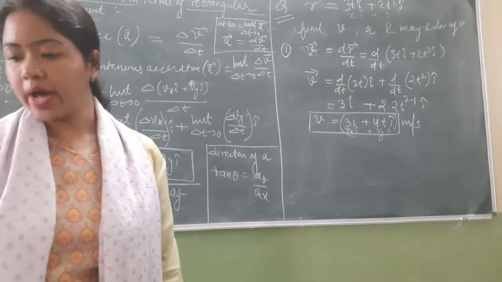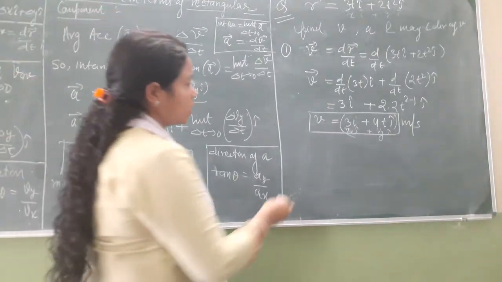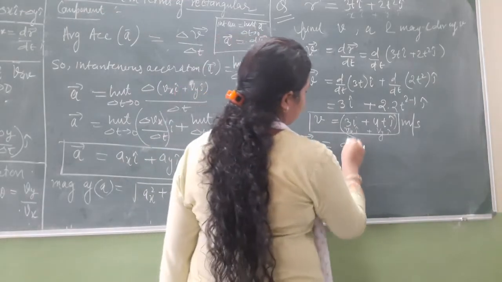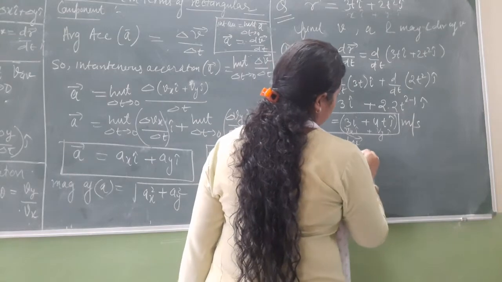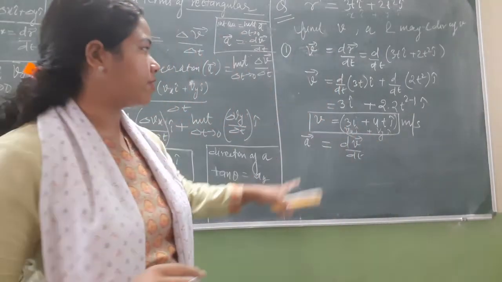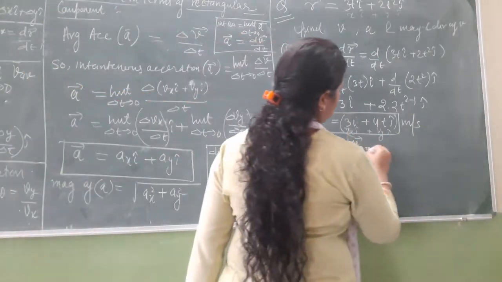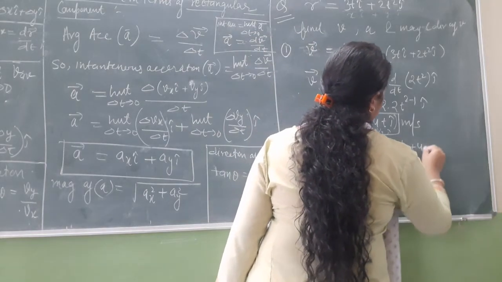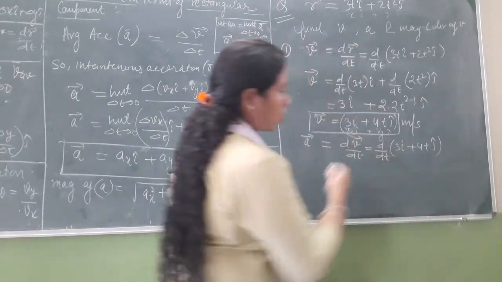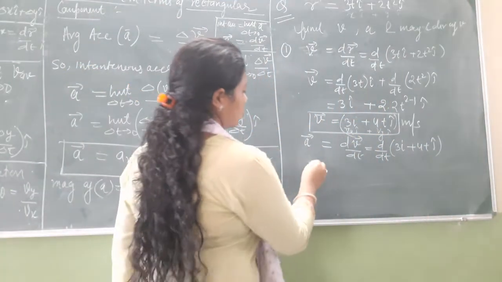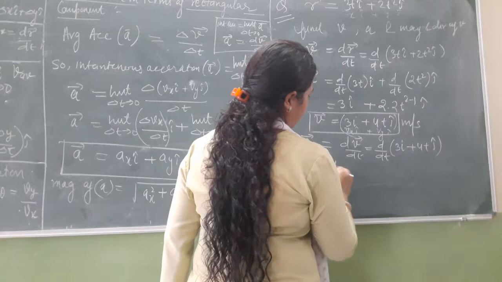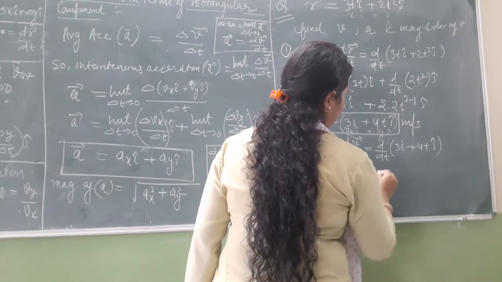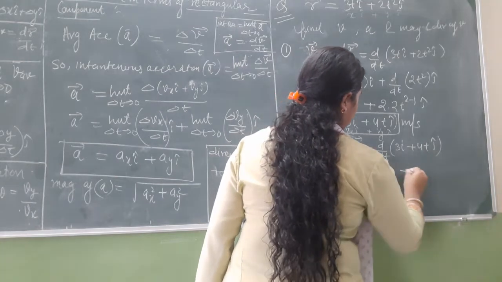Right? Now next we have to calculate the instantaneous acceleration. So instantaneous acceleration will be equal to dv over dt. Now from this equation you have the value of the velocity. So just put the value in the equation: d over dt of 3i plus 4tj. Now again differentiate the equation. So a will be equal to d over dt of 3i plus d over dt of 4tj.